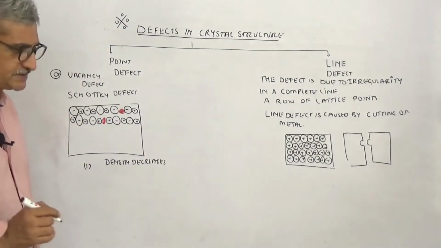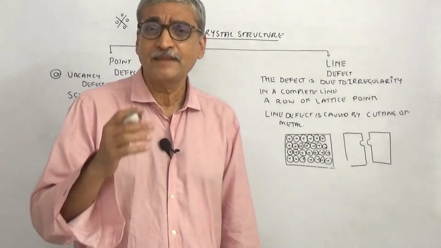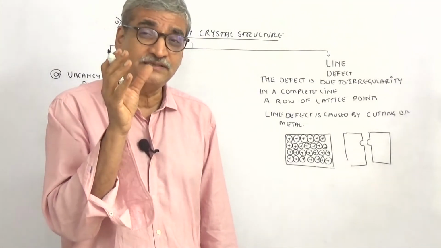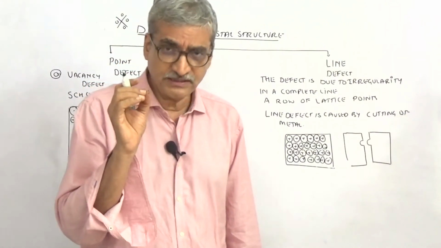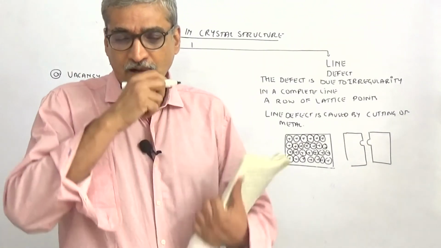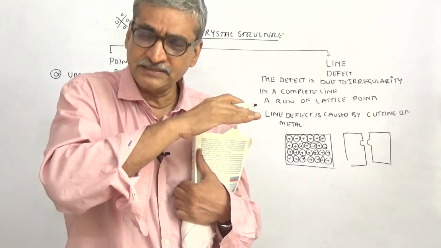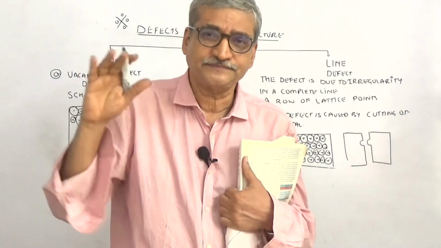Density decreases. See, we have always said that ionic crystals do not conduct electricity in the solid state. Why? Because conduction of current happens only when there is movement of electrons.